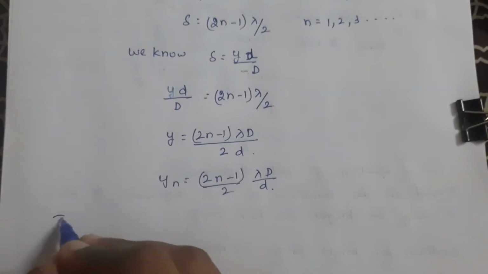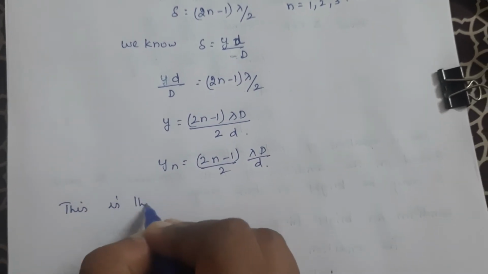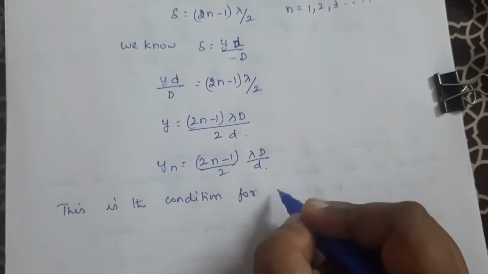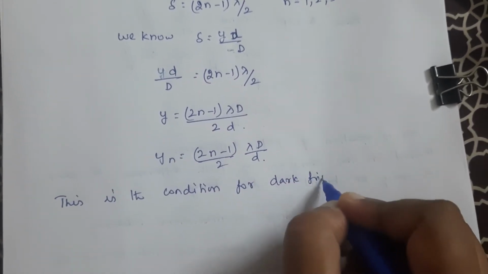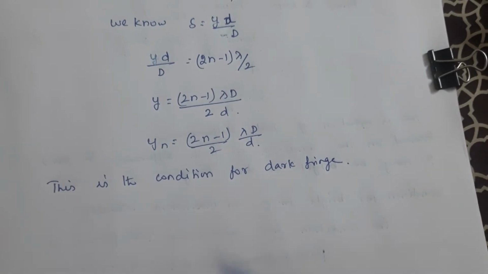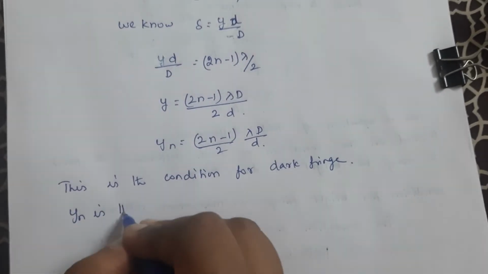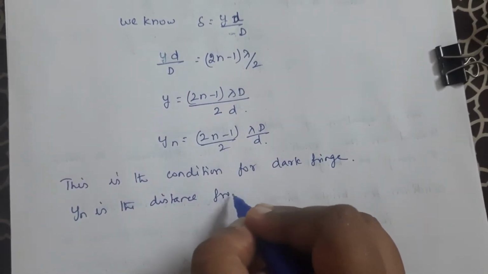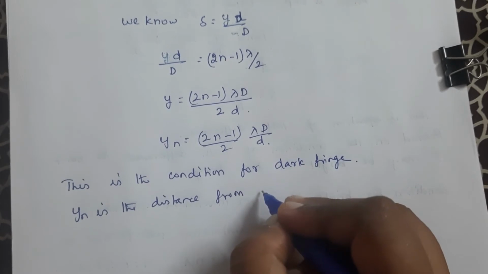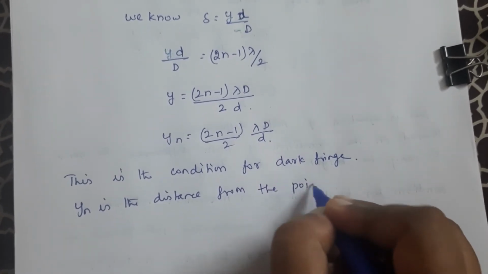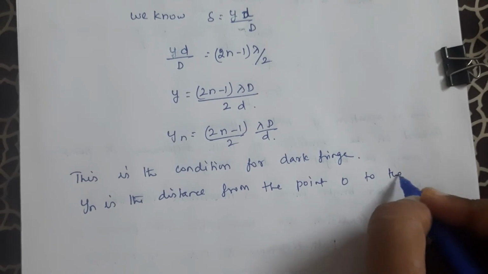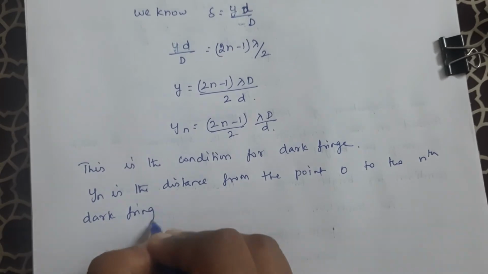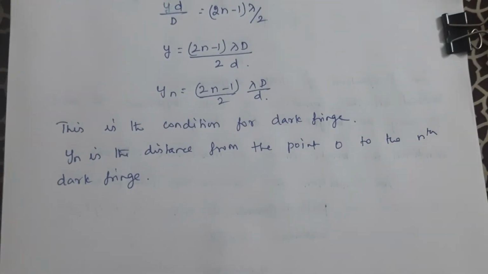Now this is the condition for dark fringe. Yn is the distance from the point O to the nth dark fringe.